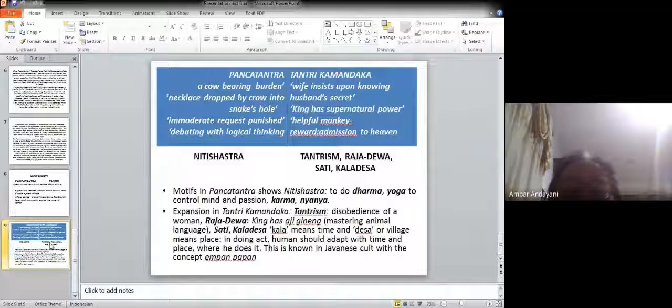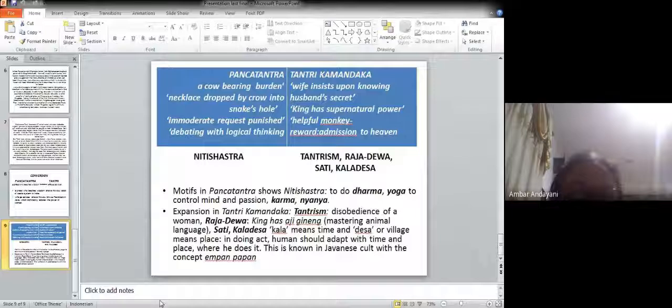For the expansion, in the Panchatantra there is mostly a teaching of Niti Sastra, which emphasizes that human beings must always do dharma, yoga, which is to control mind and passion, and also karma and jnana.